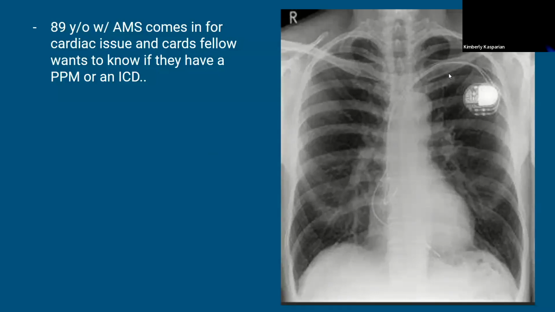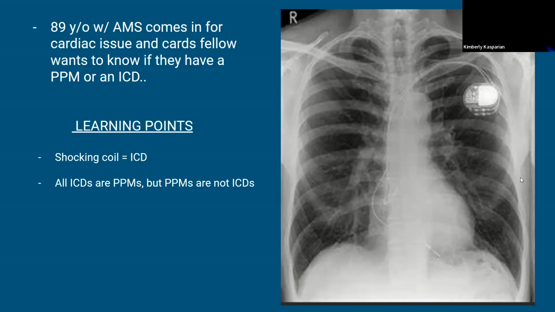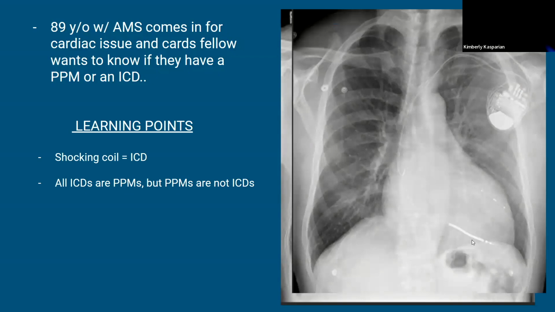What you do is you look at the wire. This is a dual chamber, so there's one lead here and one lead here. But now these wires are kind of thin and pretty translucent all the way down. So this means it's probably a pacemaker because an ICD has a shocking coil in it. What that looks like is this big old bright thing right here.